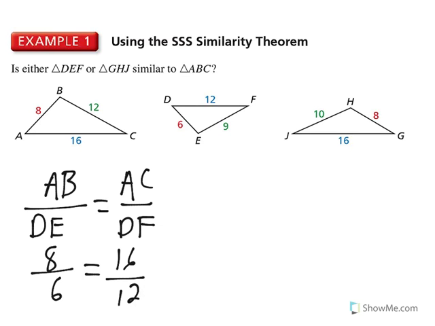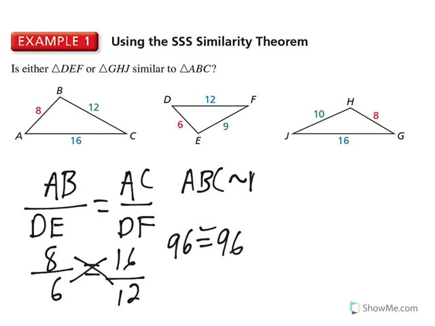I can cross multiply or you can reduce to see about getting your same ratio. So if I cross multiply, I do 8 times 12, so I get 96, and then 6 times 16 is 96. This one checks out, so this would tell me that ABC is similar to DEF.